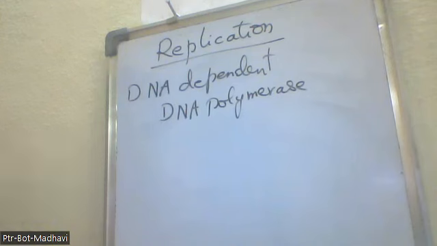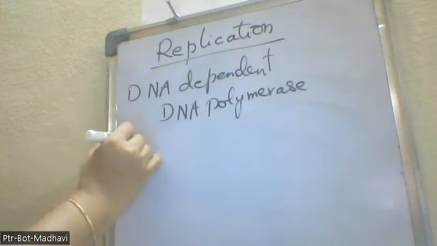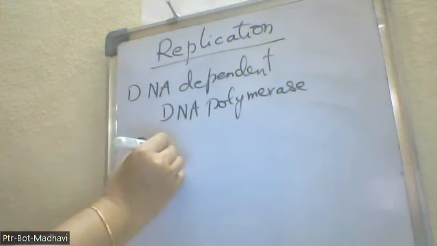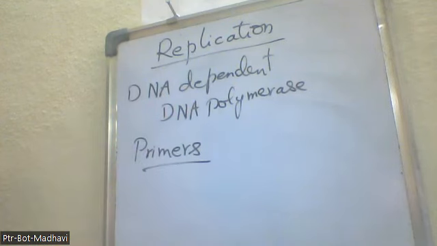DNA-dependent DNA polymerase enzyme is necessary for this process. After that, it needs the primers, that is the RNA primer.